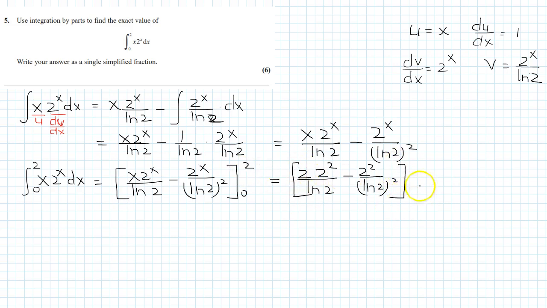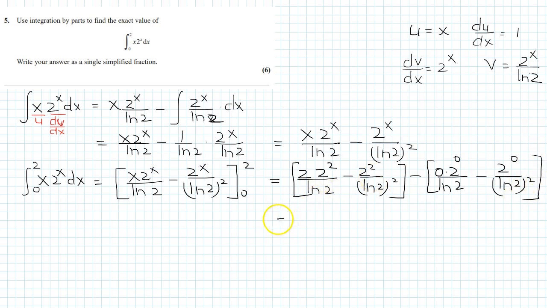This is the upper value minus lower value, 0 times 2 to the power 0 over ln 2, this will become 0 minus 2 to the power 0 over ln 2 square.